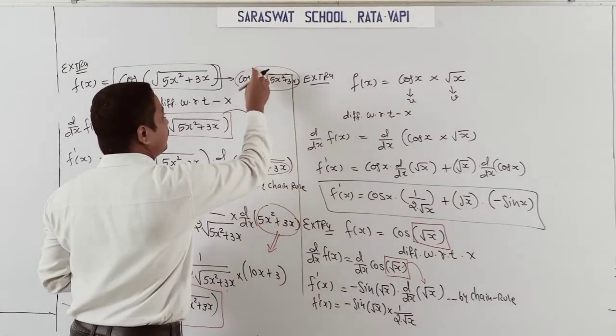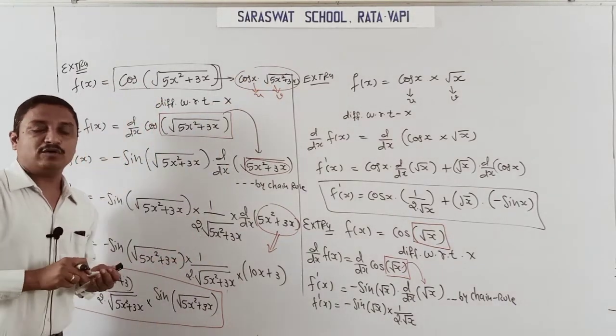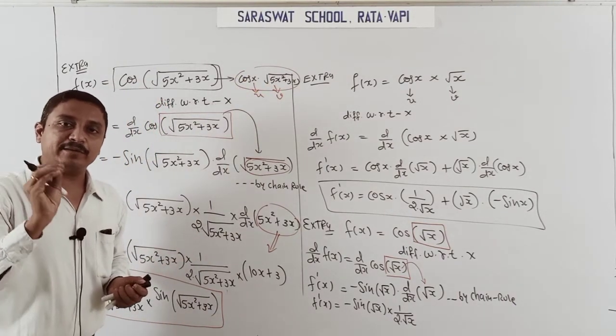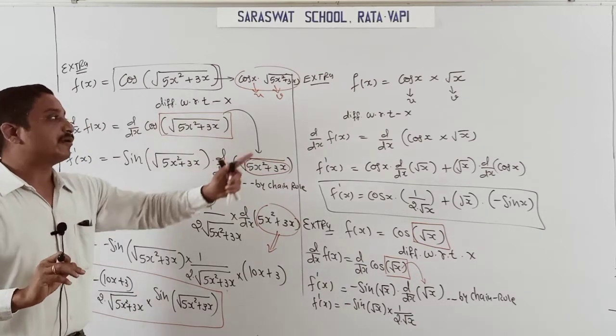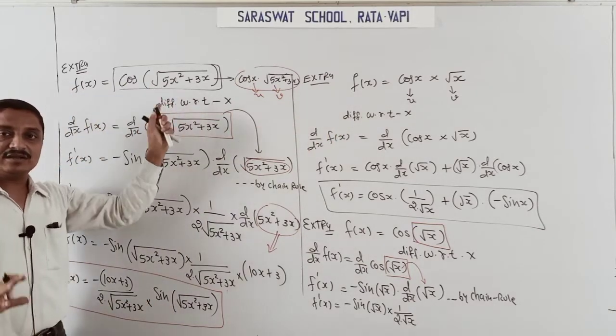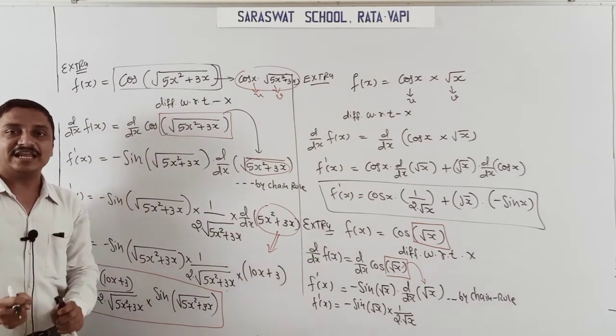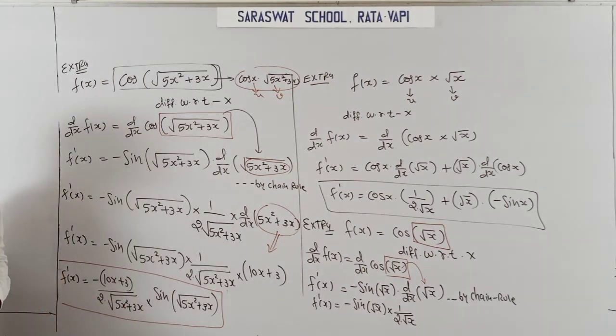So I hope you are clear about when to apply the product rule and when to apply the chain rule. If separate functions are given, then product rule. And if a joining function, a composite function, is given, then apply chain rule. Yes, it's very simple and easy.